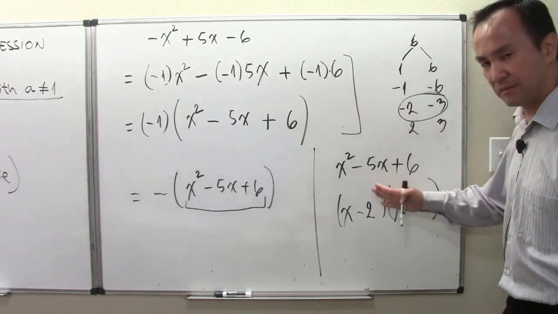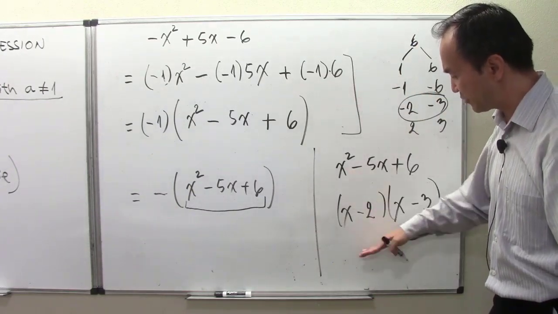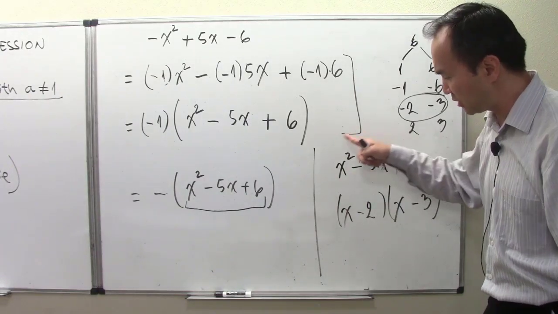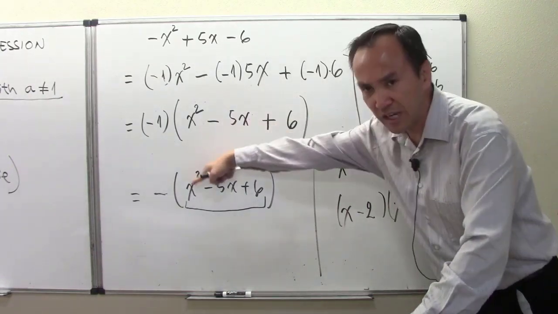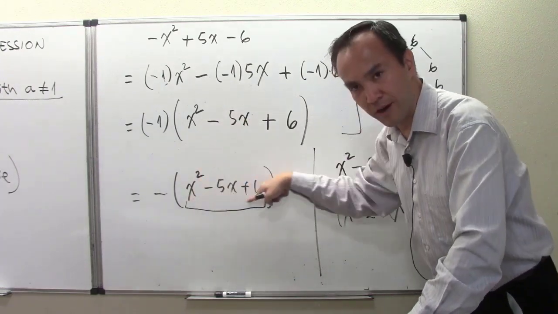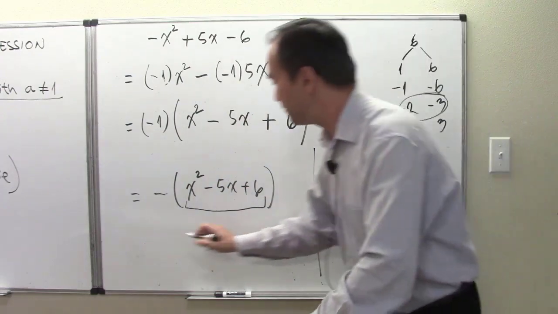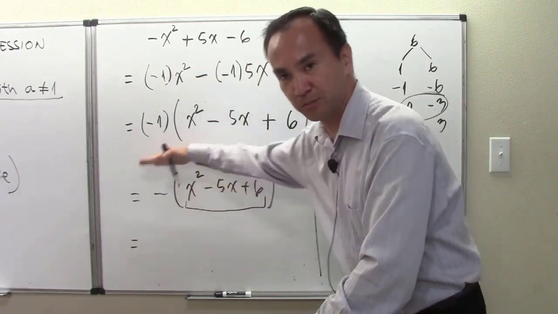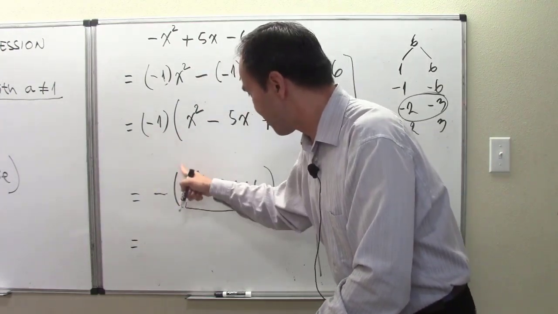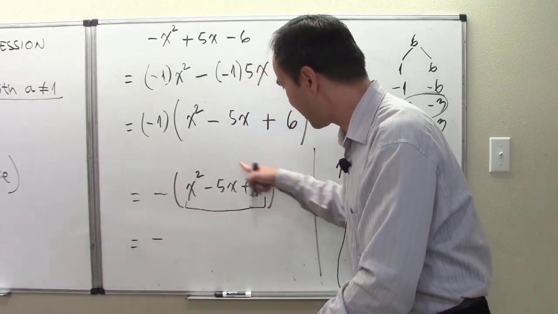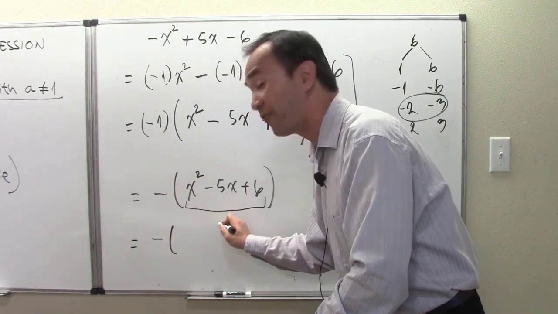And so I just want to emphasize the factoring work we have done here is for the quadratic expression inside of our parentheses. This is just part of the scratch work, but formally to carry on with this particular problem, the minus sign remains the same, but the expression inside parentheses now gets factored.